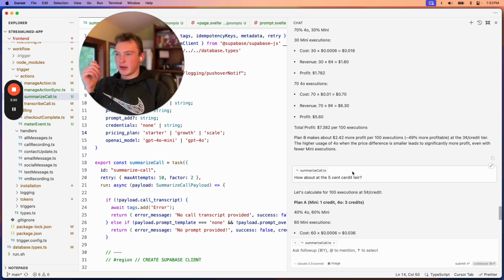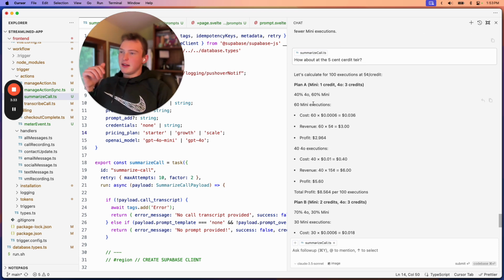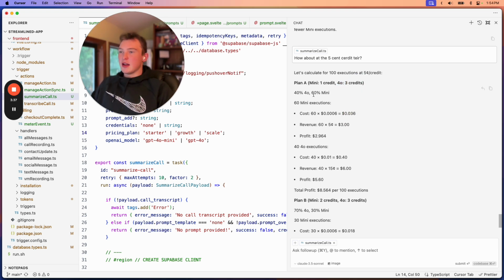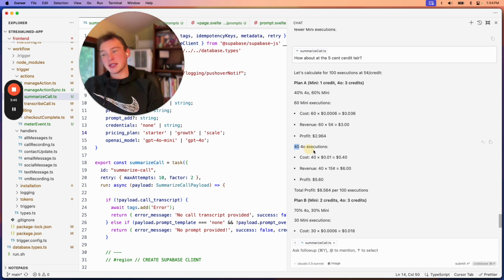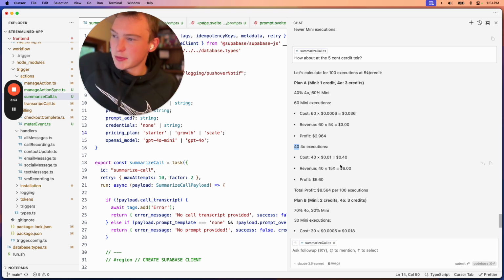And here's the math. What we assume is that if mini costs 1 credit and 4.0 costs 3 credits, probably about 60% of people would choose mini, and only 40% or potentially even less would choose 4.0, because it's less attractive because it's more expensive.